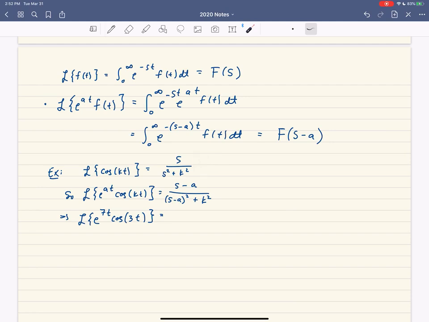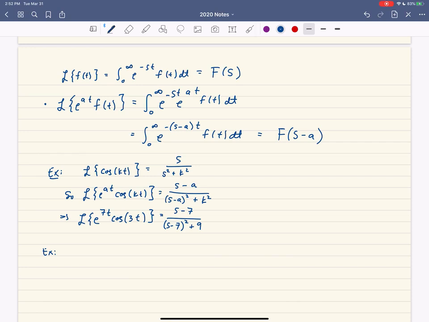Well, that's s over s squared plus 3 squared, so that's s over s squared plus 9. And what we're going to do is replace all the s's by s minus 7. So it's going to be s minus 7 over s minus 7 squared plus 3 squared. And so that's going to be the Laplace transform of e to the 7t cosine of 3t. Okay, so that's how that works in practice.